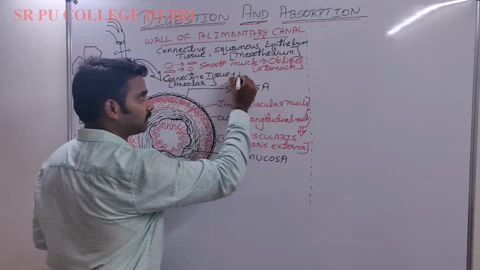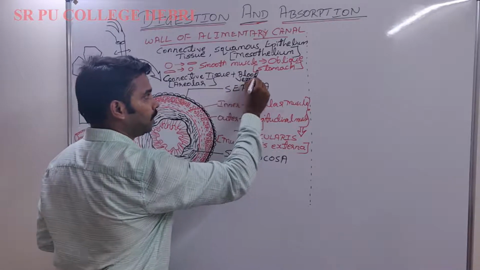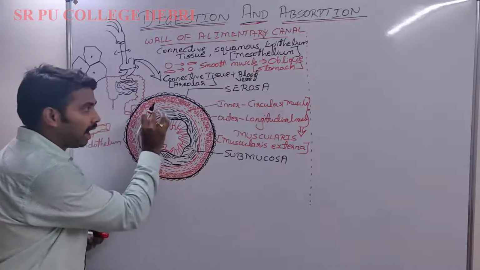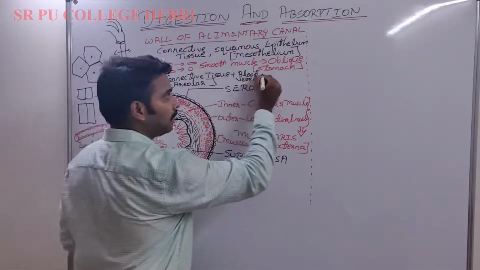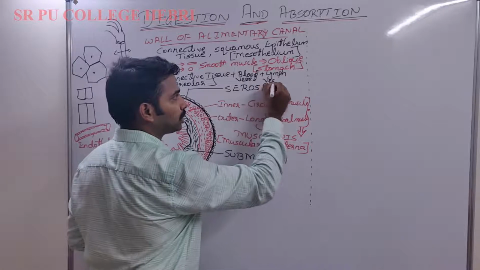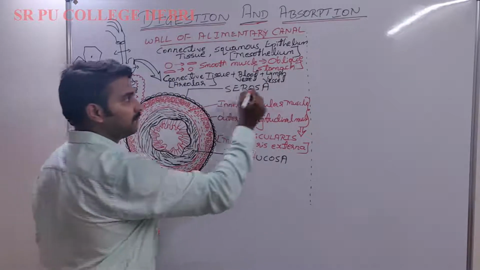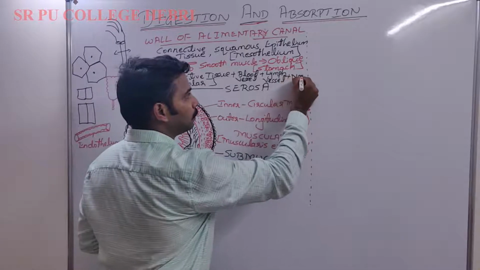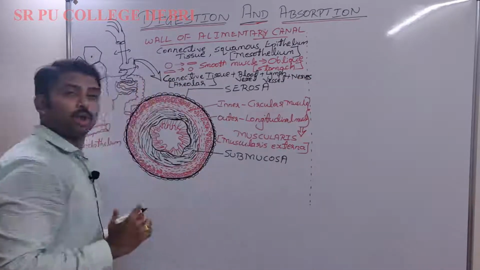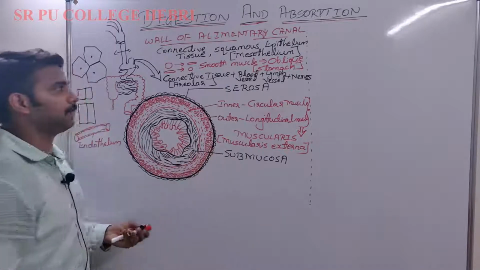Along with that it has blood vessels. What is present inside? Large number of blood vessels plus lymph vessels, LYMPH, okay, filled with lymph. Lymph vessels are present plus nerves. What? Neurons or the network of nerves also present in the submucosa.